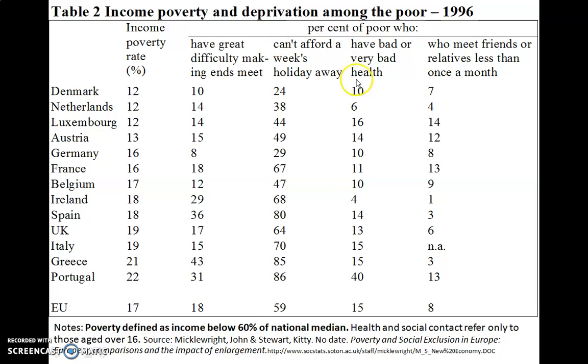Some are far higher on this side and some are far lower, but it tells you a very unique story for each country when you look at poverty from different perspectives. And this takes us back to the first slide where we said that poverty is a multidimensional concept, so you can look at it from many different angles besides just income.